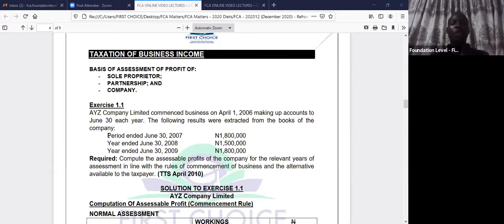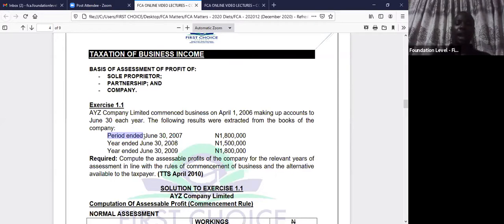And let's go straight to where you see year ended. You see this word year ended. That is to show you it is 12 full months. But you see this period ended. Period ended is its signal to show you it's not exactly 12 months.